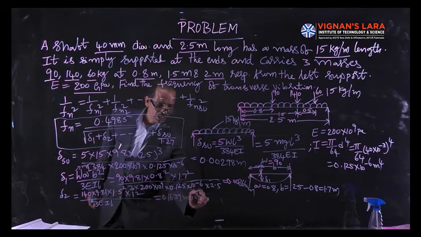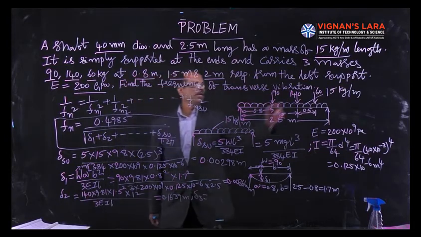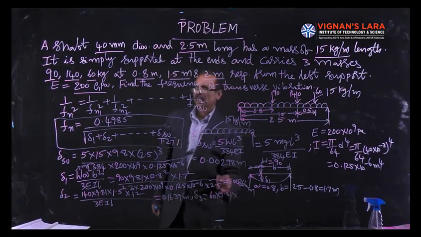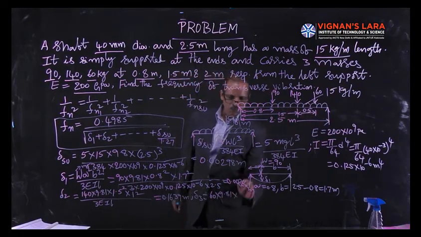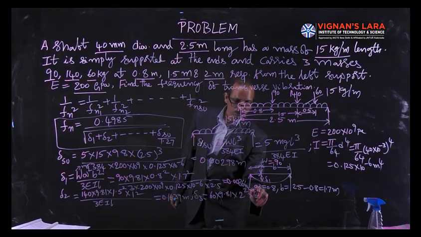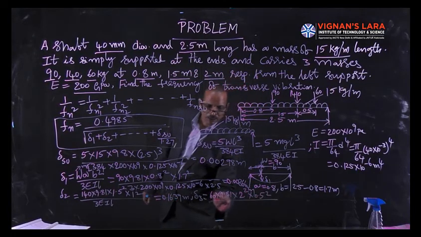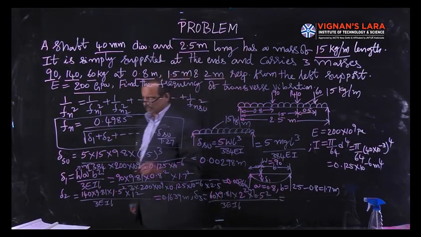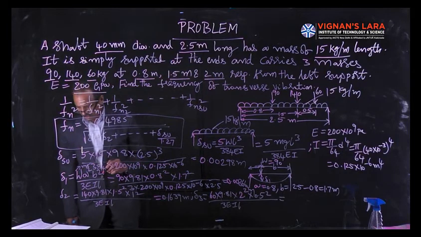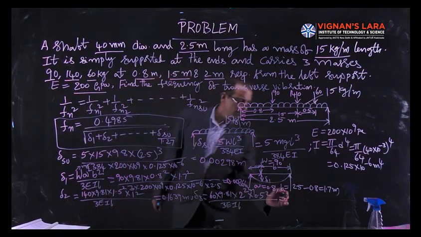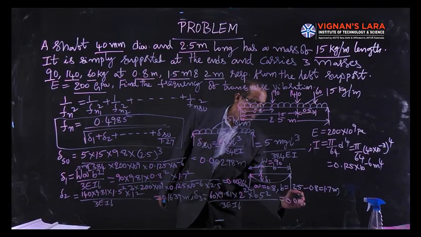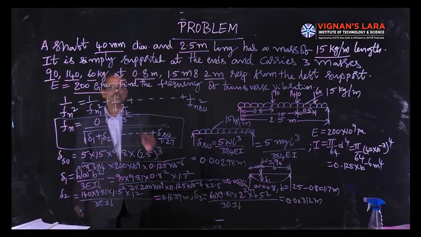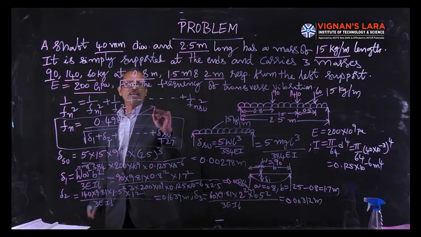Then similarly delta 3, load is 60 into 9.81. A is 2 meters and B is 0.5 by 3 EIL. Then in that case, the delta 3 value is obtained as 0.00312 meters.